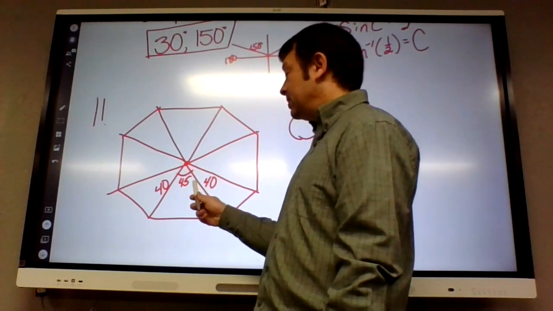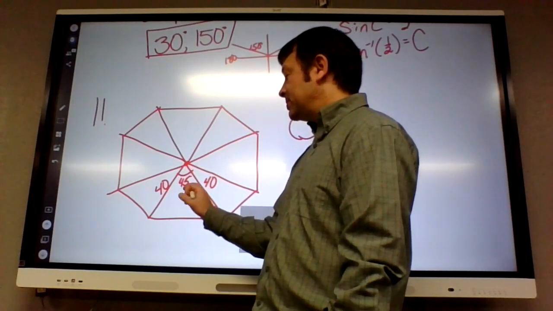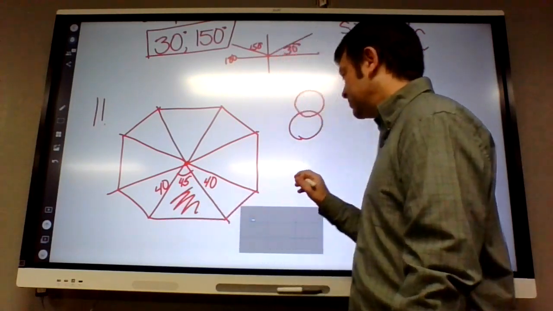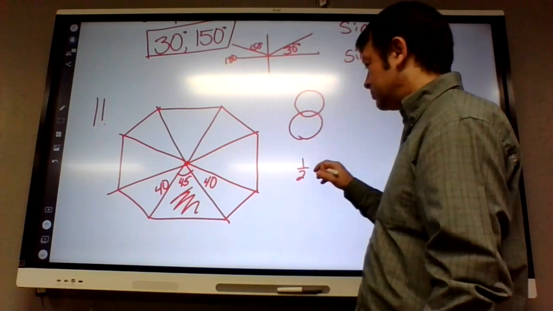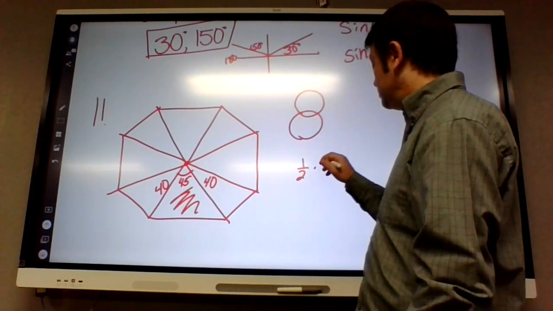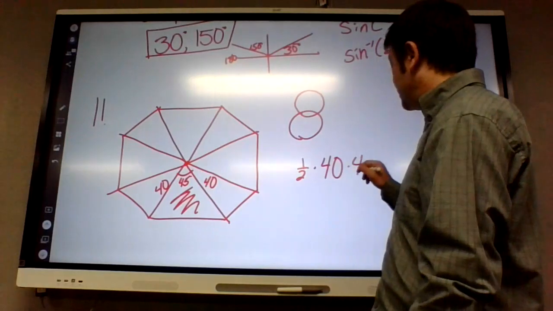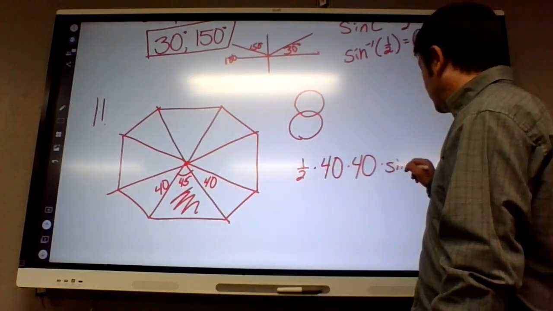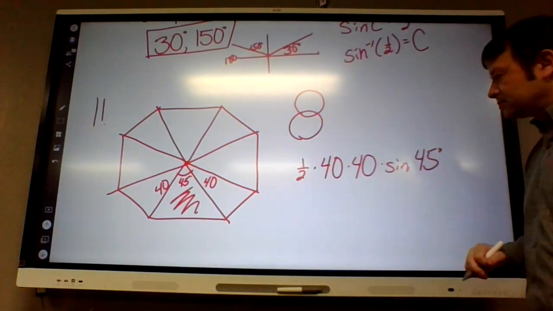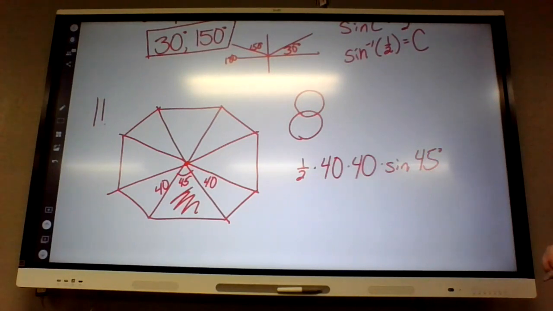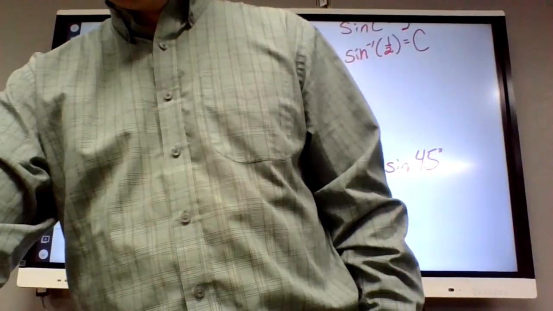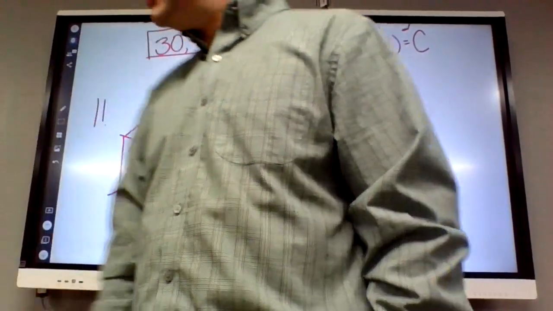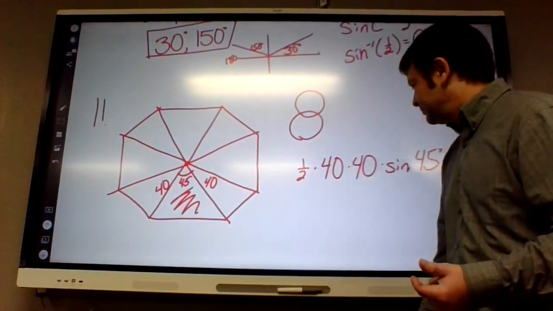So the area of this triangle, just this part in here, would be 1/2 times side times sine of the angle. 565. Or wait, no, 566. Okay, there should be a square root involved in this.